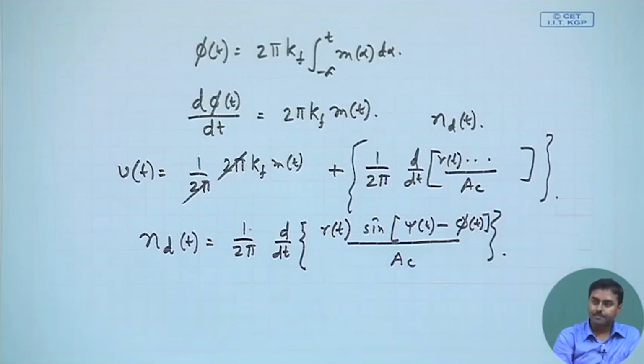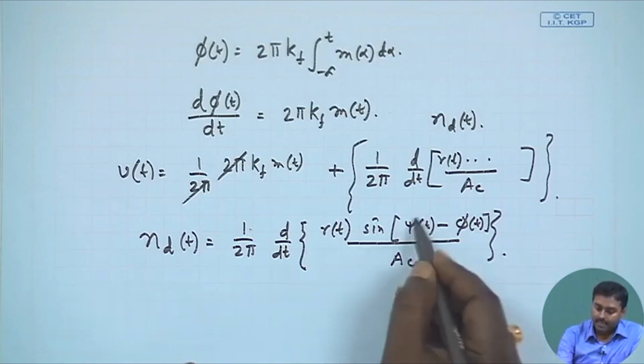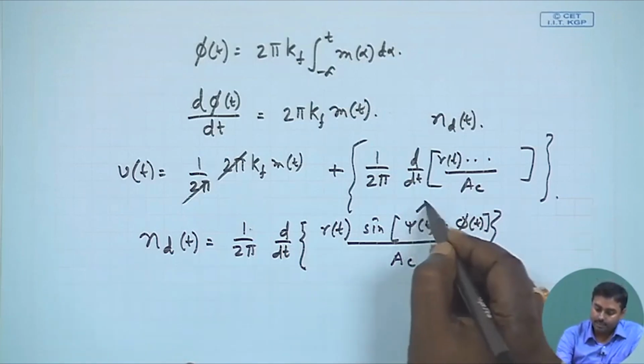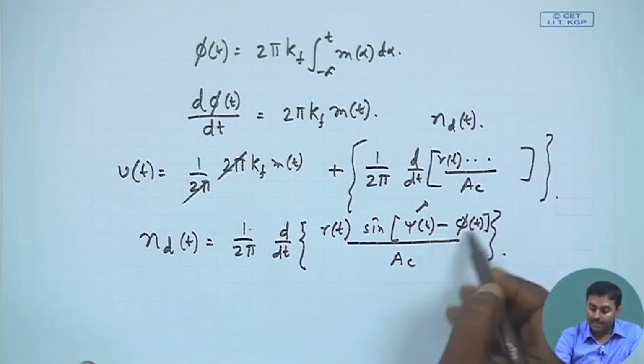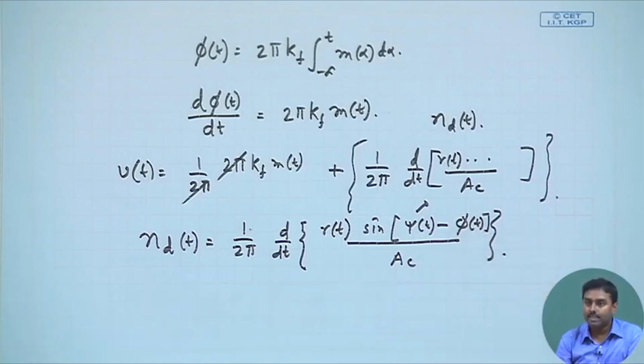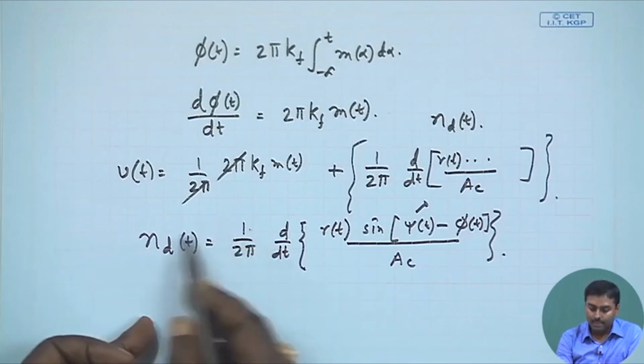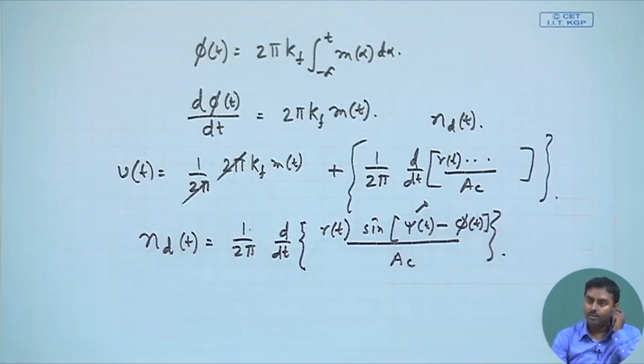Right. What I can see is there is a psi t and a phi t. Psi t is completely related to the noise, I have no problem, no issue with that, but phi t is still related to the message signal. So, in that noise there is a part of the message signal already. Okay. So, that is where we have to be a little bit worried that this noise has some message signal part.